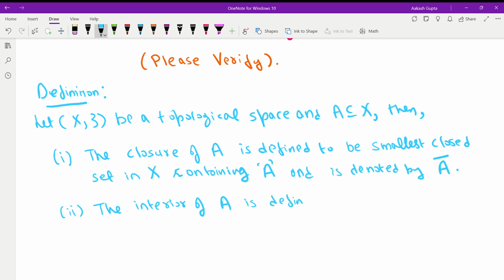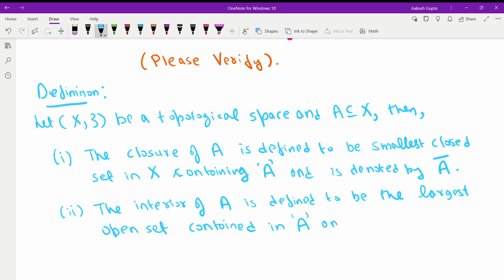It is defined to be the largest open set contained in, sorry for the spelling mistake, contained in, I am verbally speaking it fine, inside or wholly inside A, and is denoted by A circle.